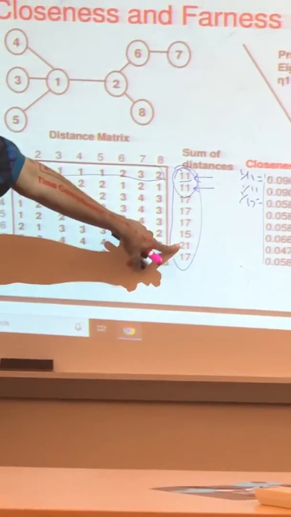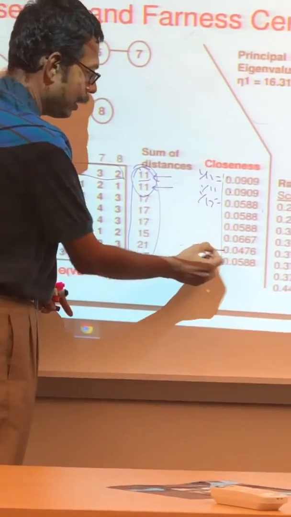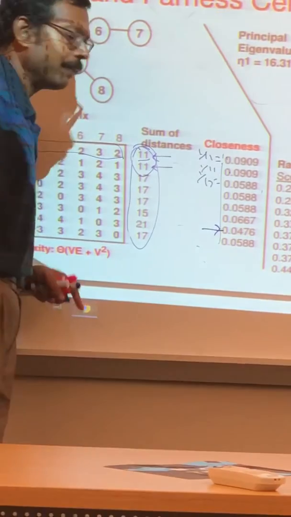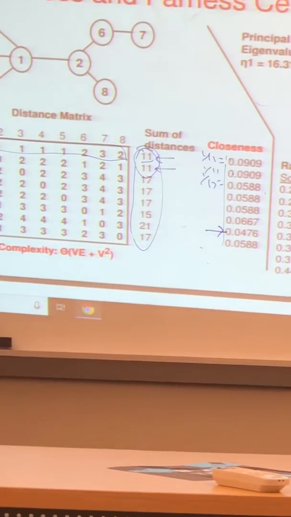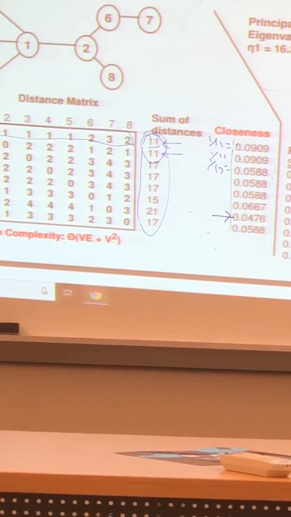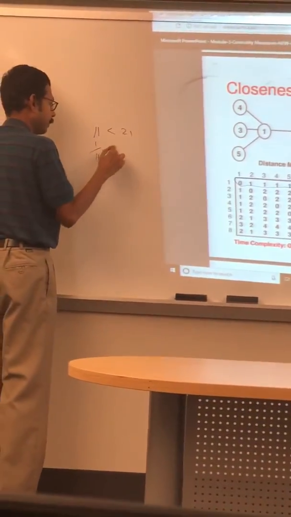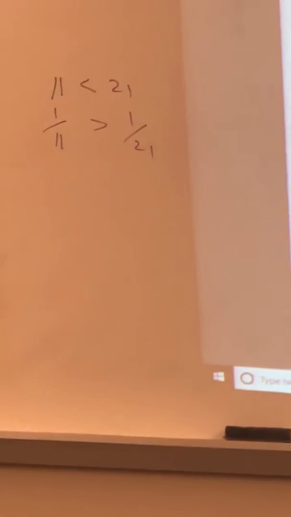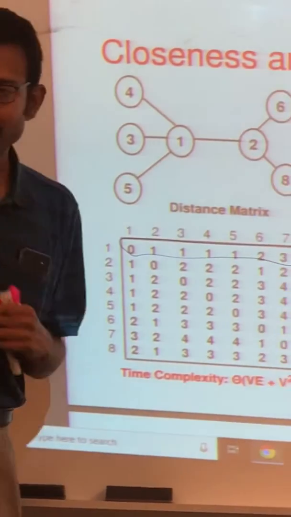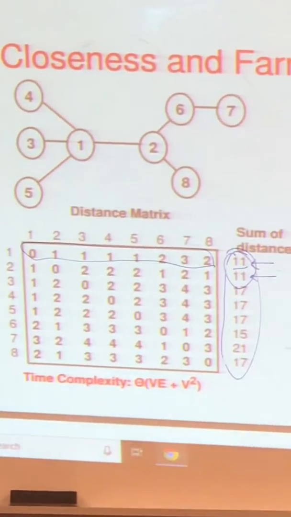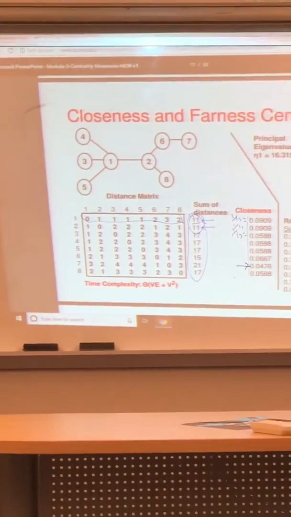When you take the inverse of 21, it's going to be smaller than the inverse of 11. Inverse has that property, isn't it? 11 is less than 21, but the inverse of 11 is going to be greater than the inverse of 21. Okay? Clear?